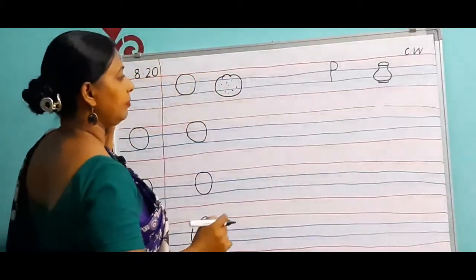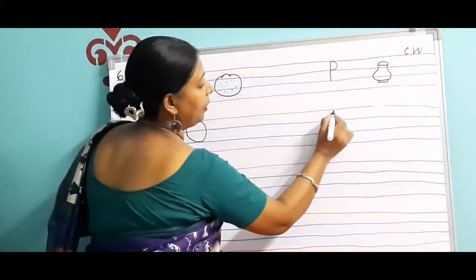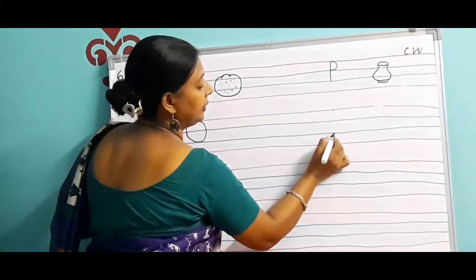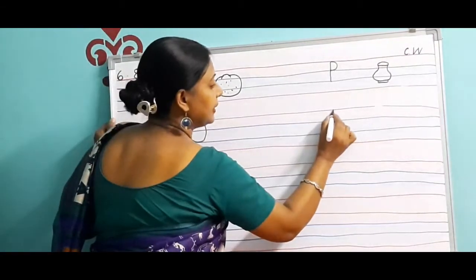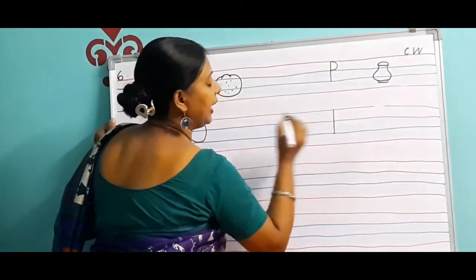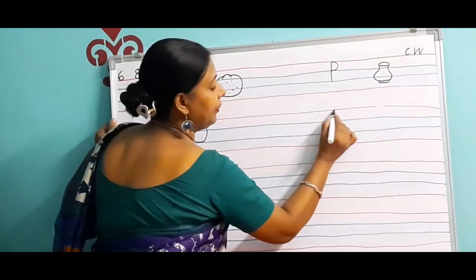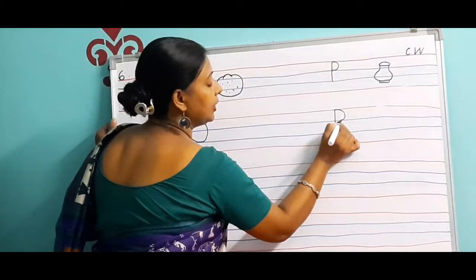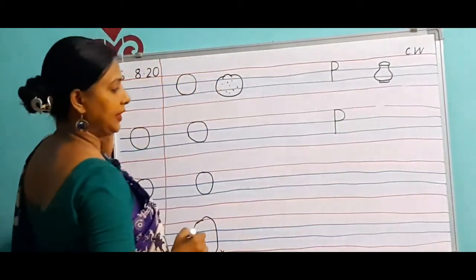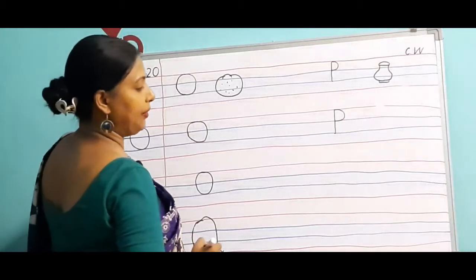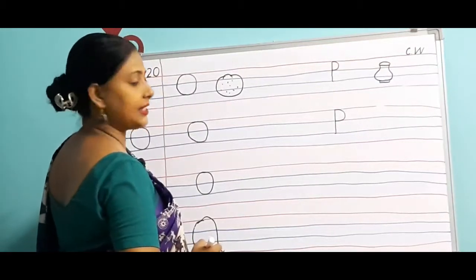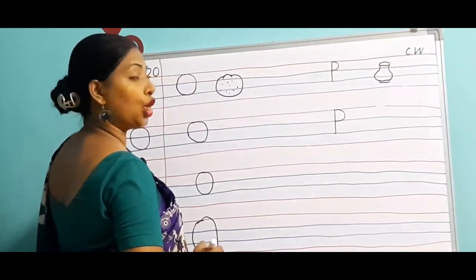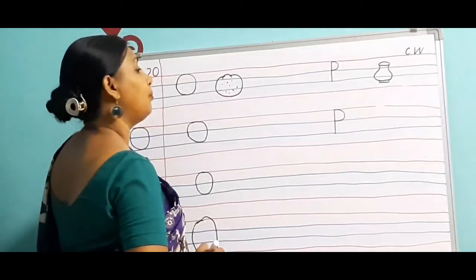Again, from the first line till the third line, you will draw a standing line, a straight line like this. And then from the first line, pink line, till the blue line, you will draw a semicircle like this. This has become P for parrot, P for pot, P for postman.